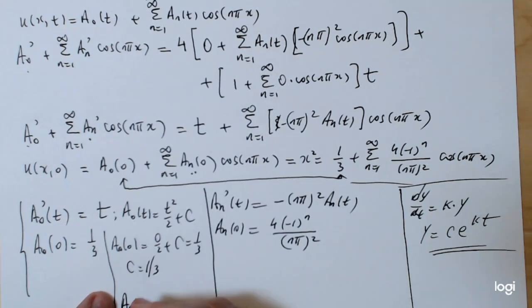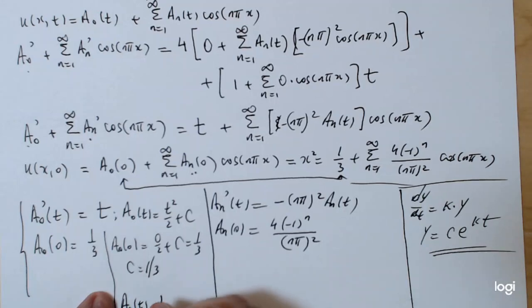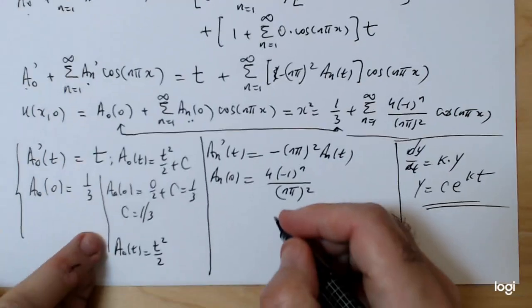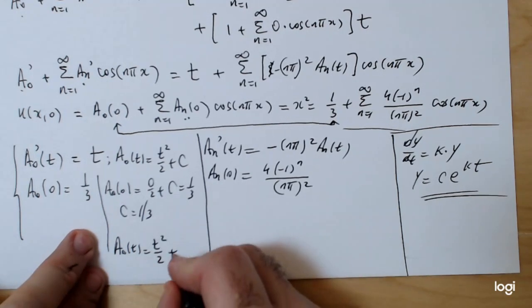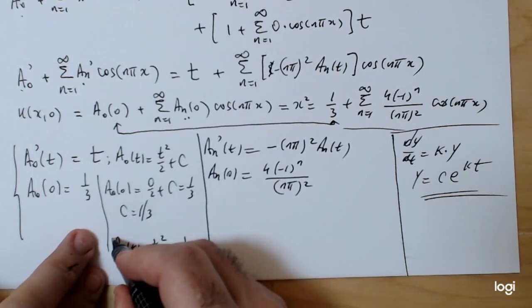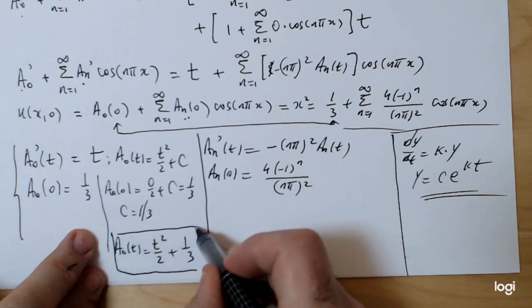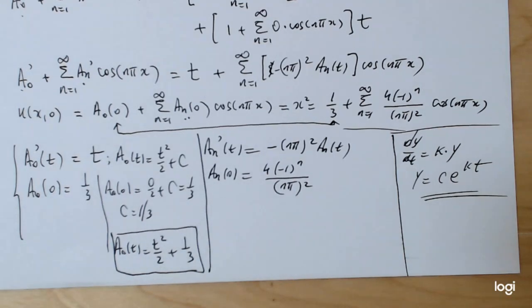So a_0(t) is t squared over 2 plus 1/3. All right, so let's keep this in mind because that's going to be part of the solution.